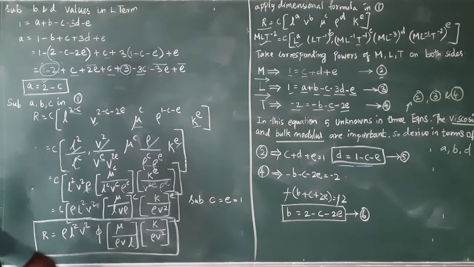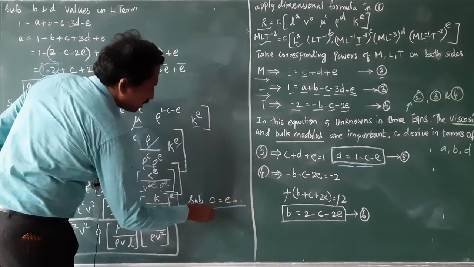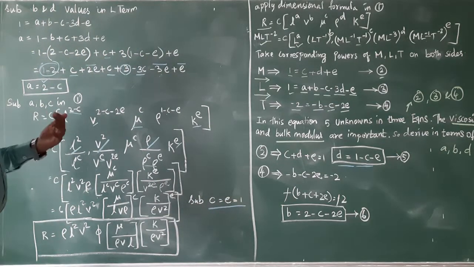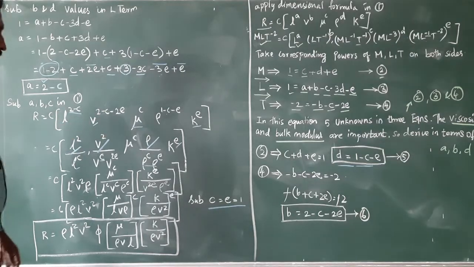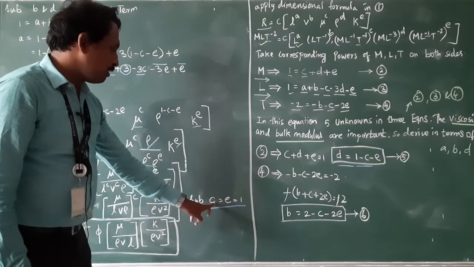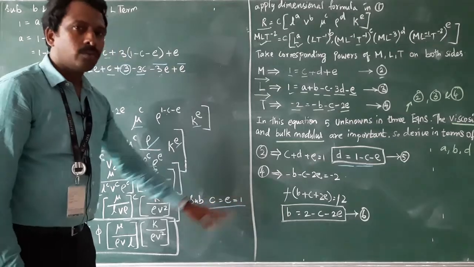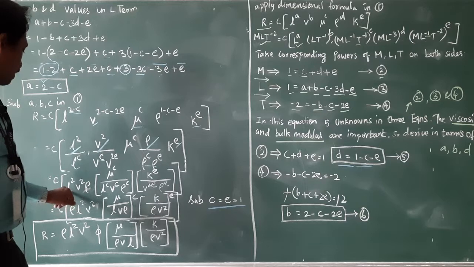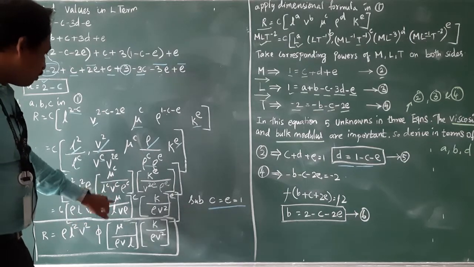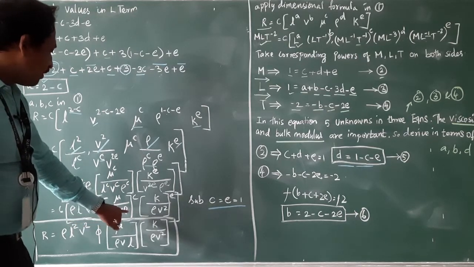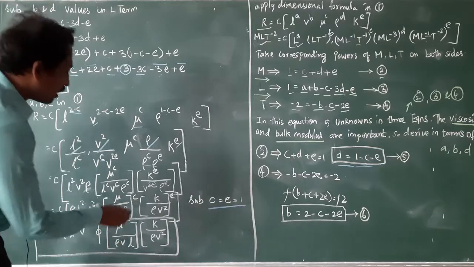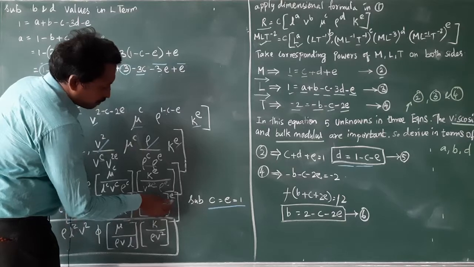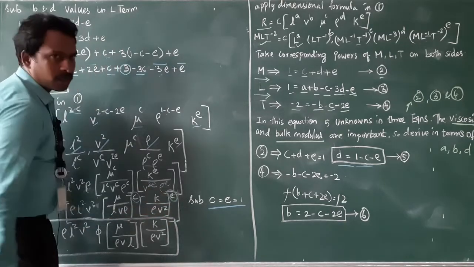Now I am substituting C and E equal to minus 1 for solving the derivation. We get rho L square V square, multiplied by mu divided by L V rho whole to the power of C. I am taking the C power as a common term, and here I am taking the E power as a common term.